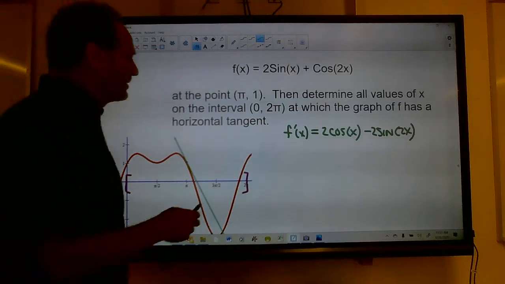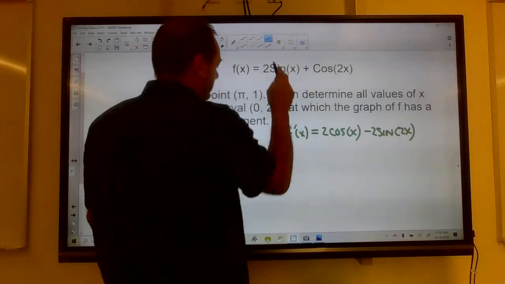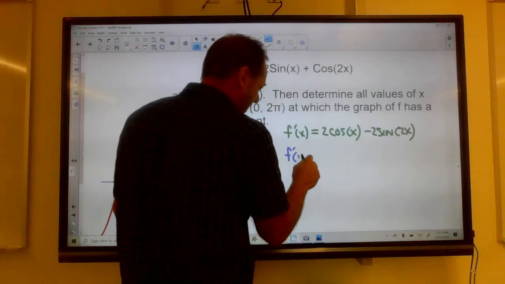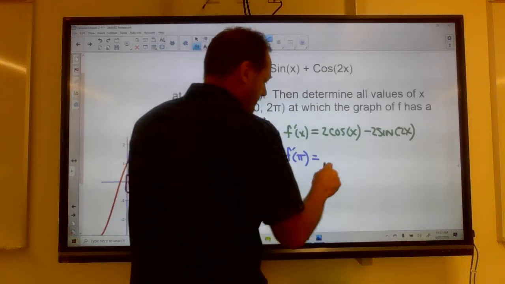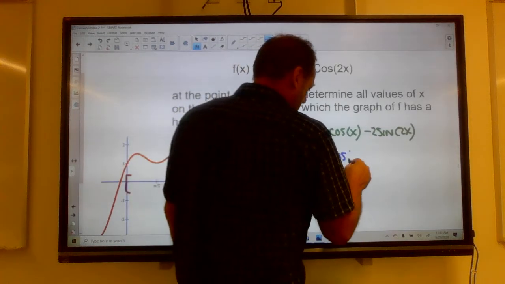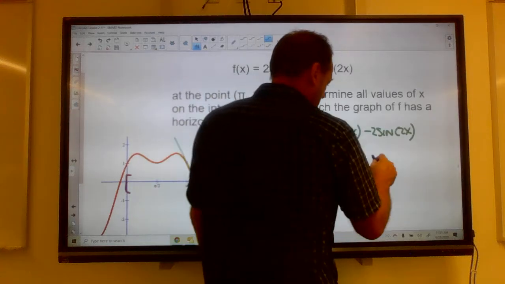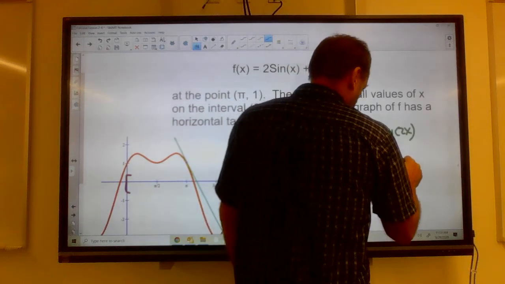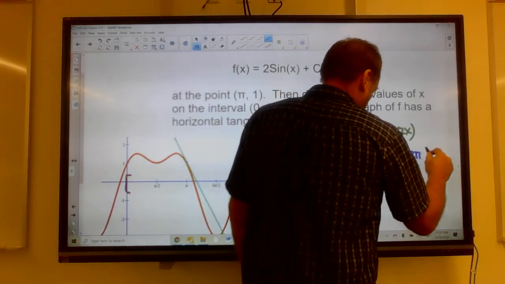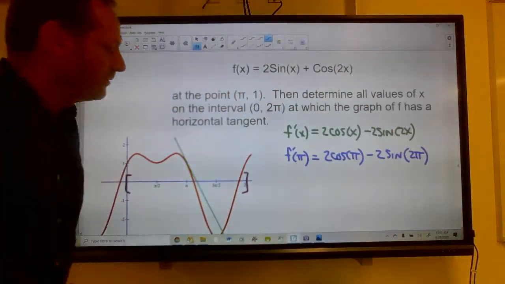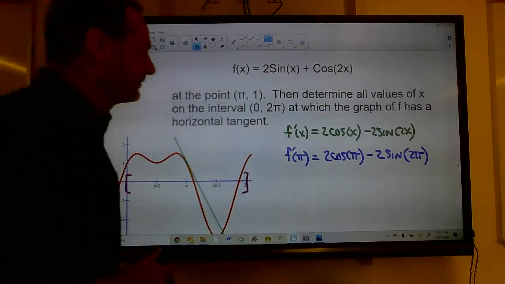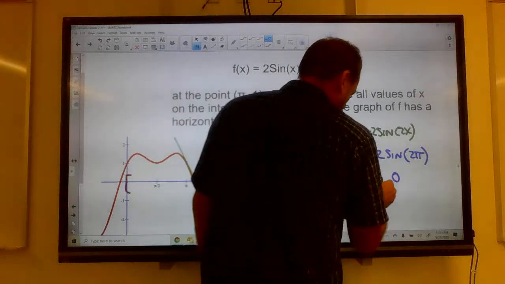Okay, I want to know what the slope is at pi, so now I'm going to plug in f prime of pi. So this is 2 cosine of pi minus 2 sine of 2 pi. Well, sine of 2 pi, that's 0, so this is all 0 over here.